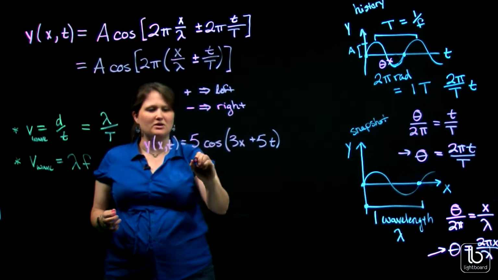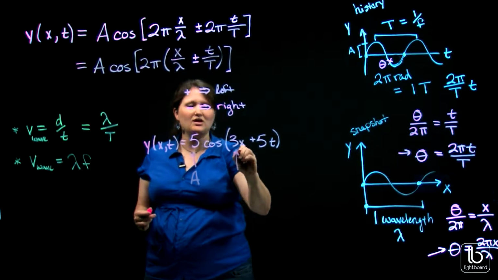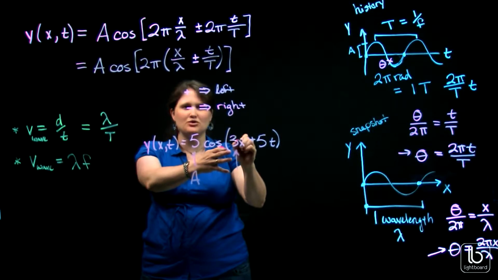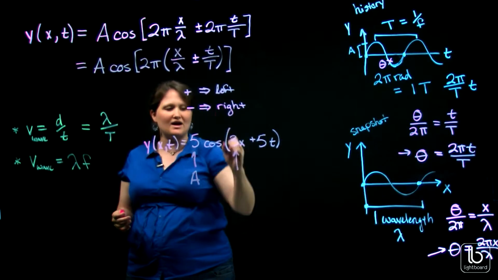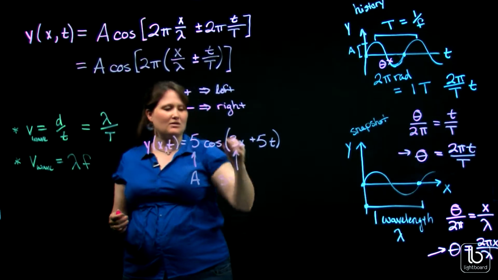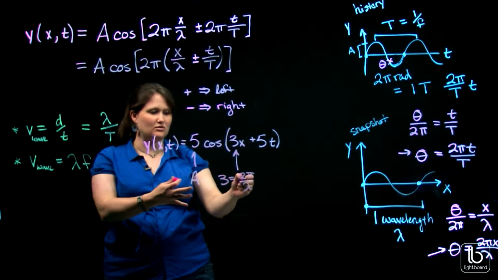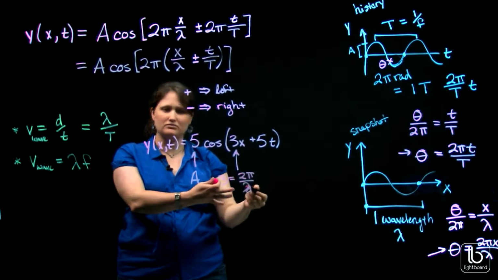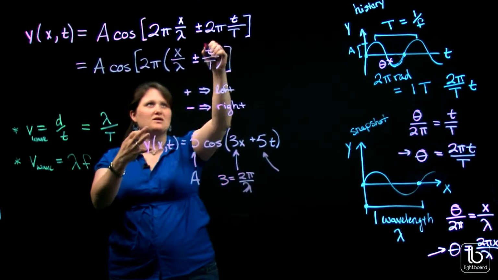Anything that is your multiplier, this is your amplitude. This 3 is everything that's multiplied by x. Here, everything that's multiplied by x is this 2 pi over lambda. So solve for lambda. This 5 is everything that's multiplied by t.